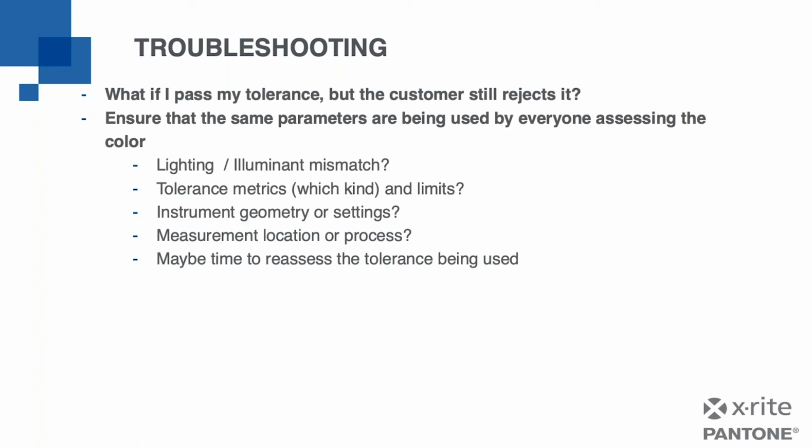The lighting and illuminance specifications in the print industry are all specified to D50. If you've got people viewing physical standards under other lighting conditions, or if their instruments are set up for something other than D50, you're not going to have matching results. You need to make sure that software is configured with the same settings across all your software and hardware.